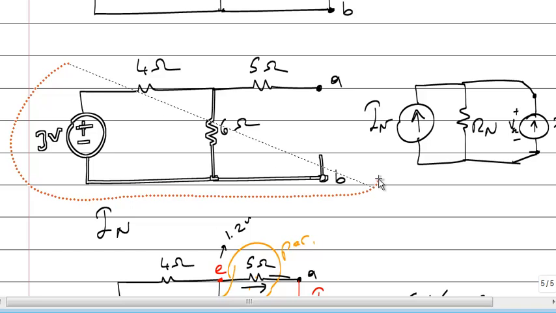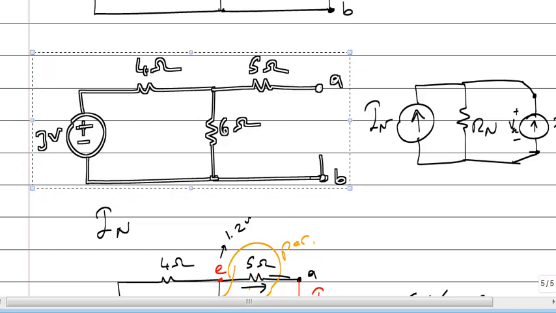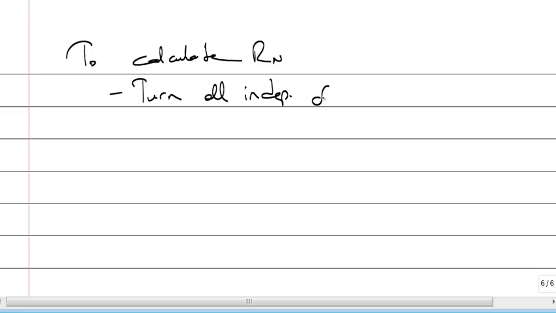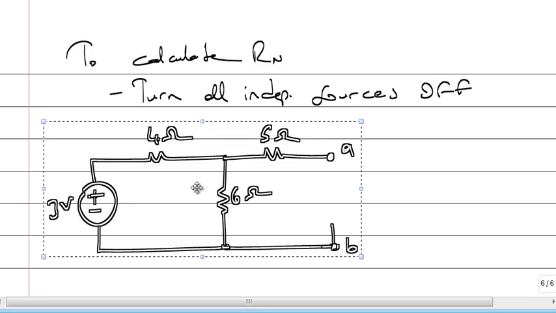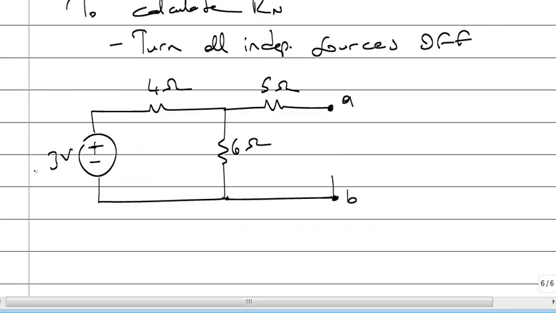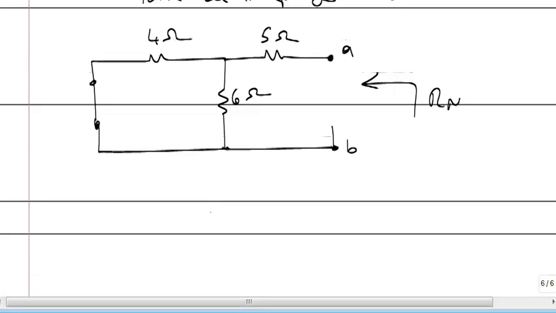Now the next step is to calculate the Norton's resistance. To calculate R Norton, turn all independent sources off. This is my circuit. There is a voltage source. If I turn the voltage source off, it will be a short circuit like that. And now, what's the resistance we read from the points A, B?